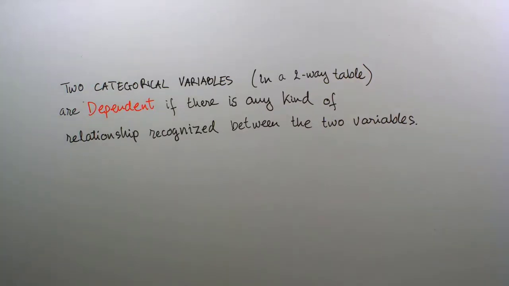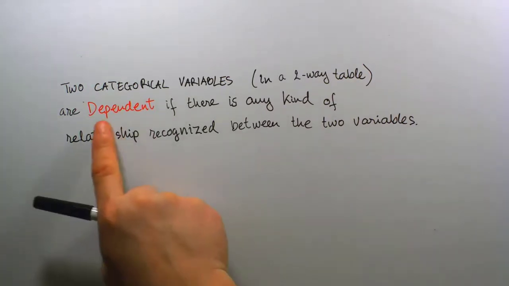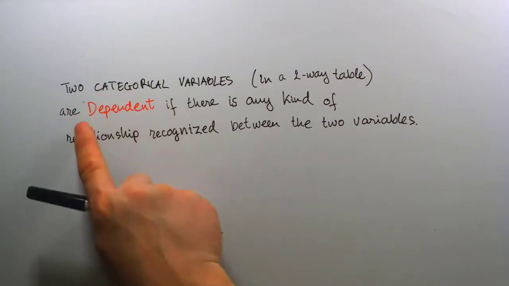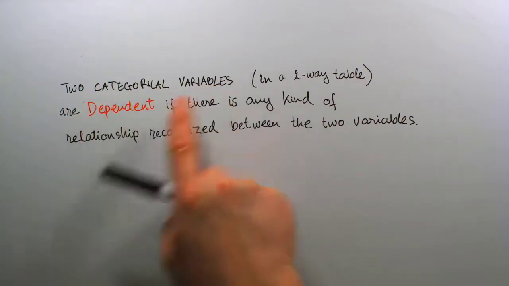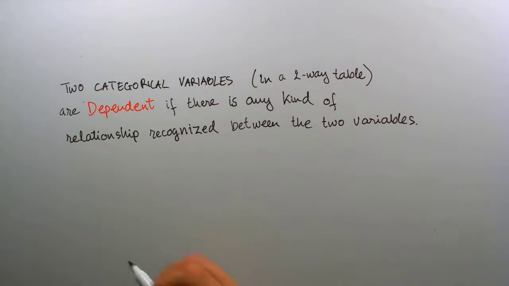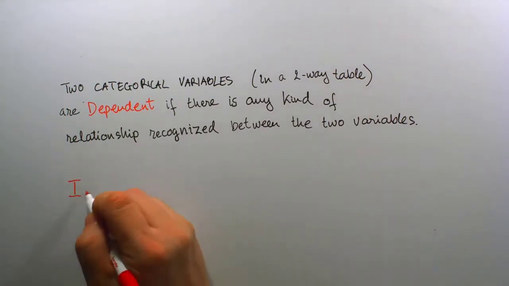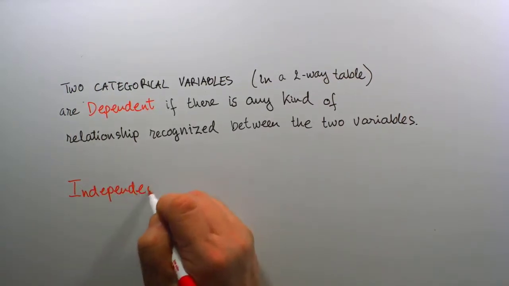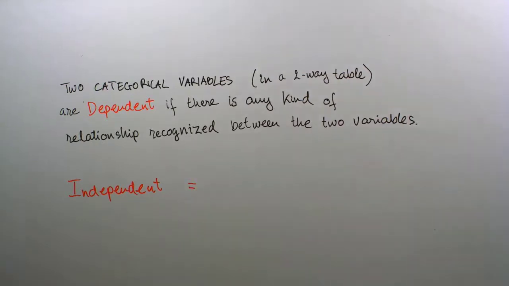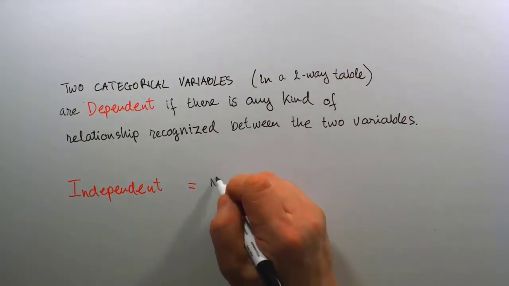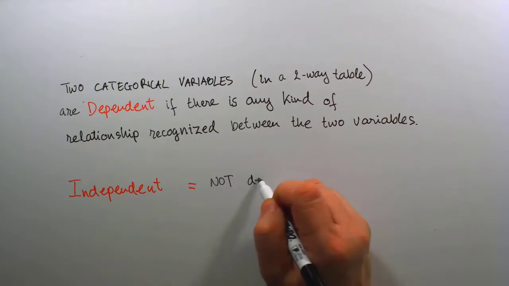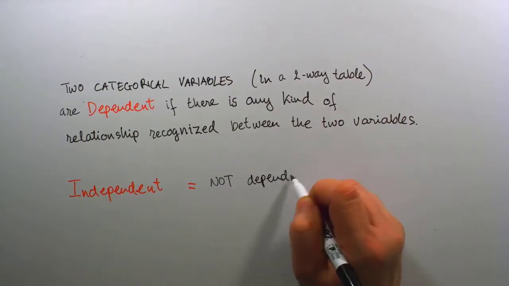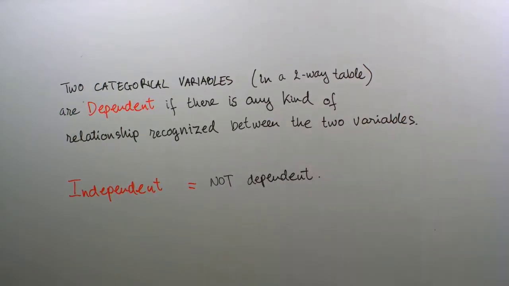And so now in that way, we started out understanding what it means that two categorical variables are dependent on each other. Then on the other hand, independent now. Independence on the opposite means not dependent. Independent is exactly the opposite of dependent.